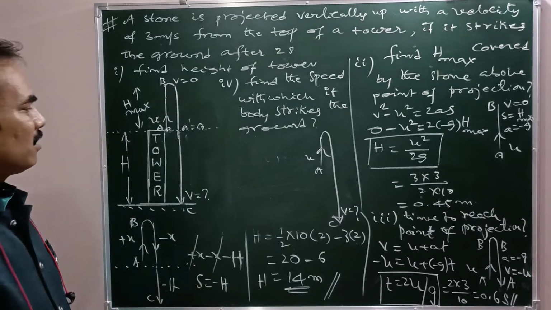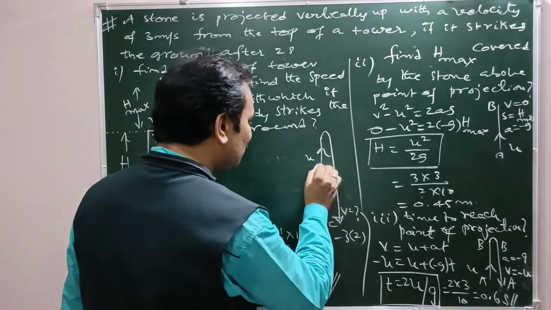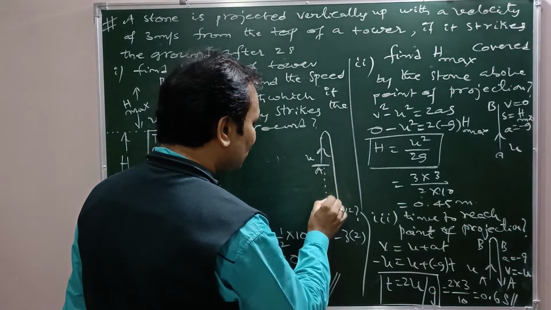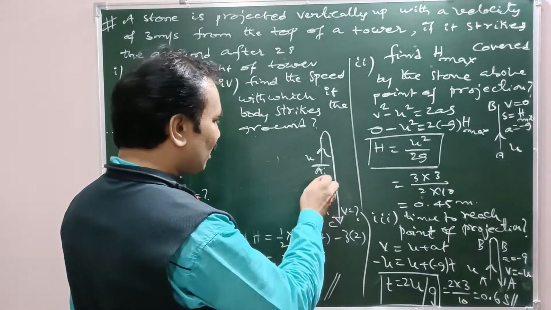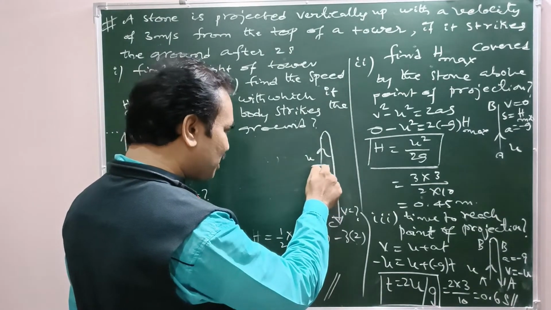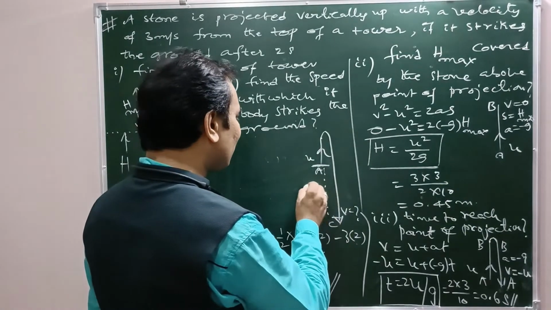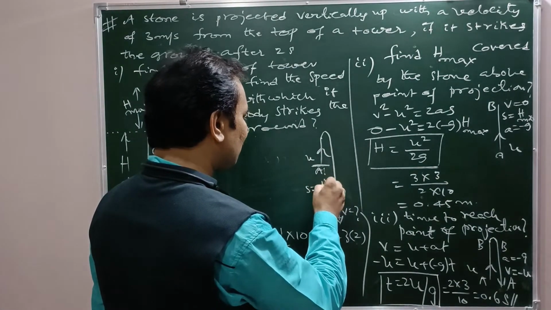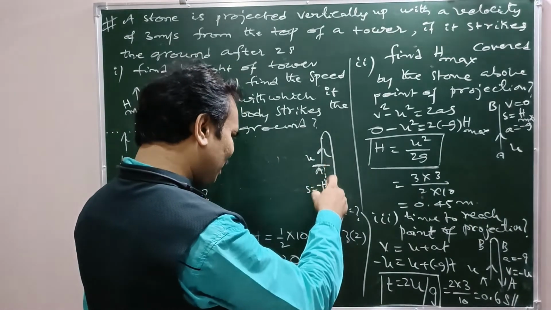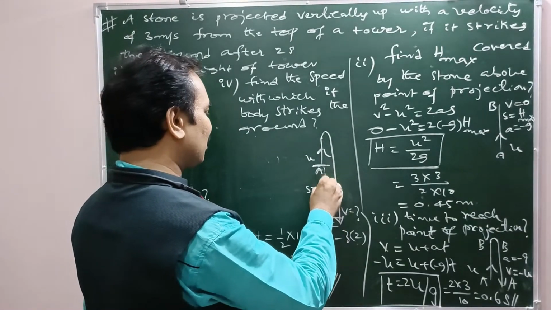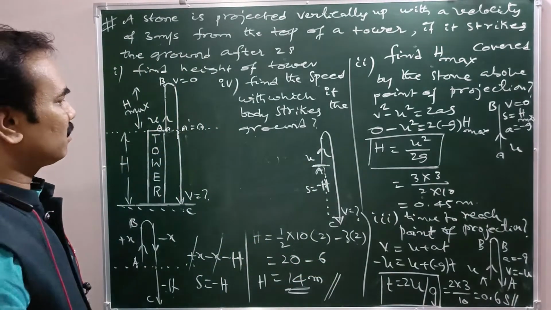That is minus h. Displacement is a line segment drawn from initial position to final position, irrespective of direction. So s equal to minus h, the dotted line from here to there.